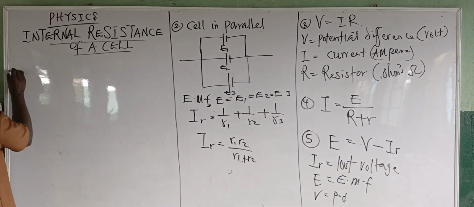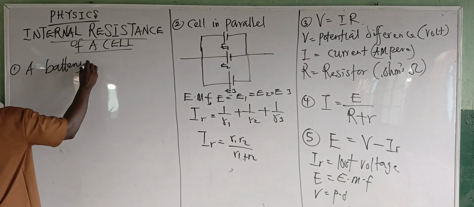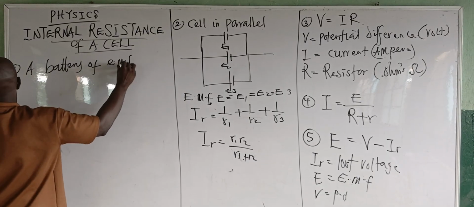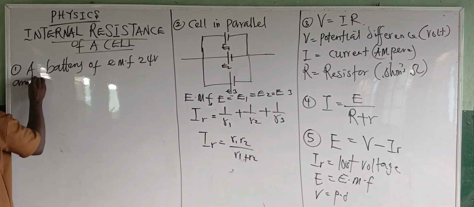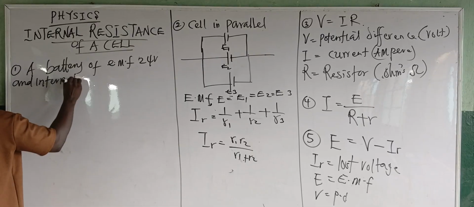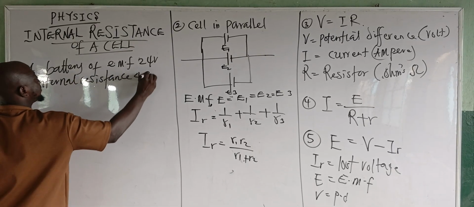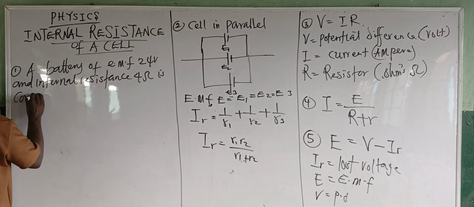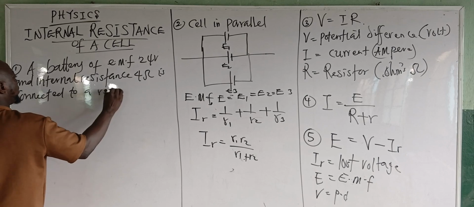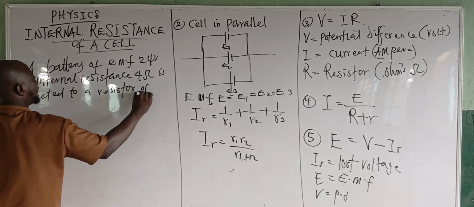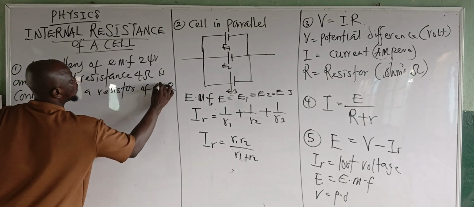Let's go. Number one, we are told that a battery of EMF 24 volts and internal resistance 4 ohms is connected to a resistor of 32 ohms here. 32, please, 32 ohms here.